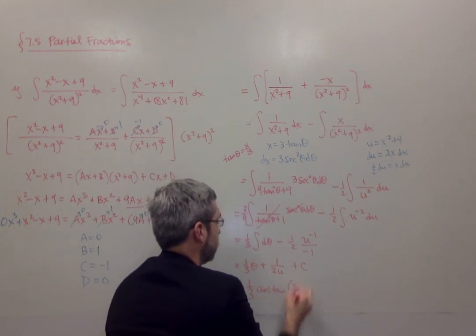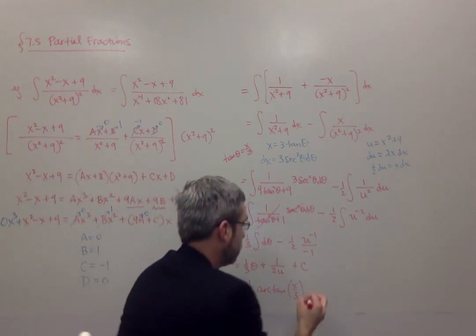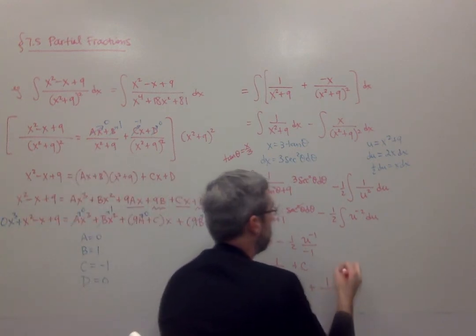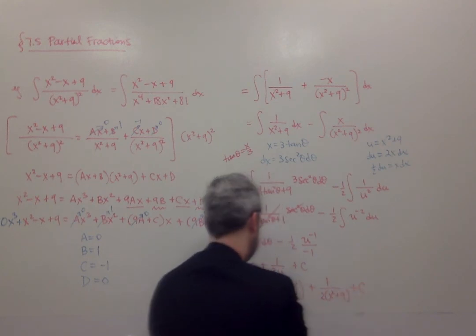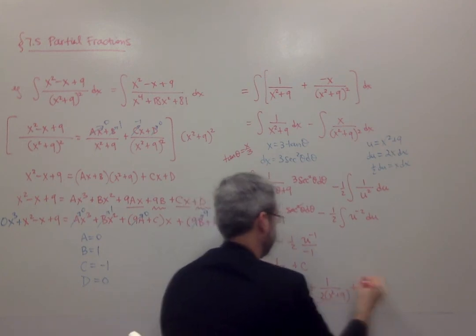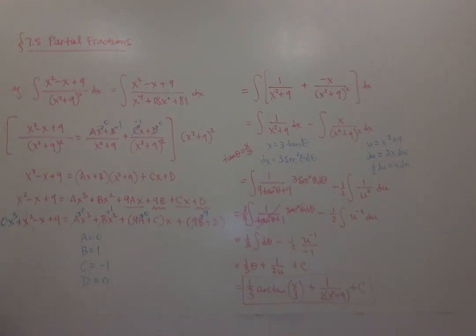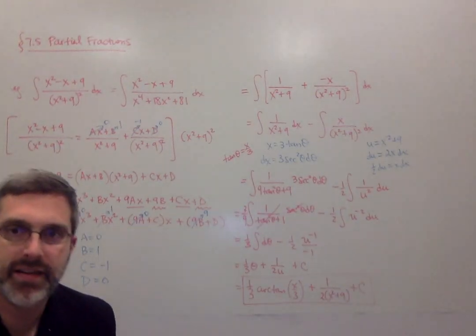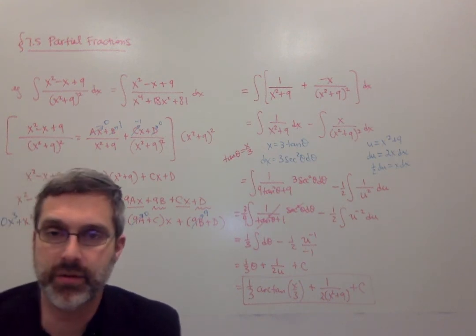So that's that part. Plus 1 over 2, and u is x squared plus 9, plus my c. There you go. It's a lot of work, but we were able to do it. And before, we didn't have any techniques that we could use to actually be able to do that.